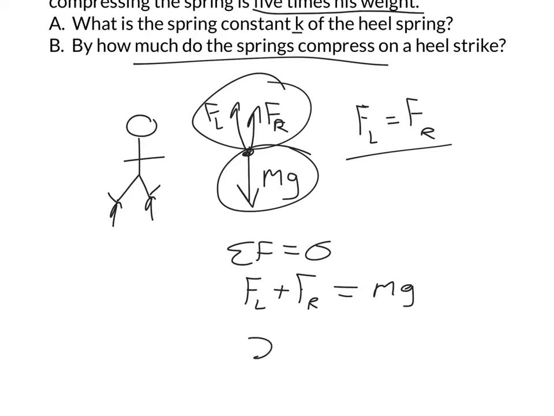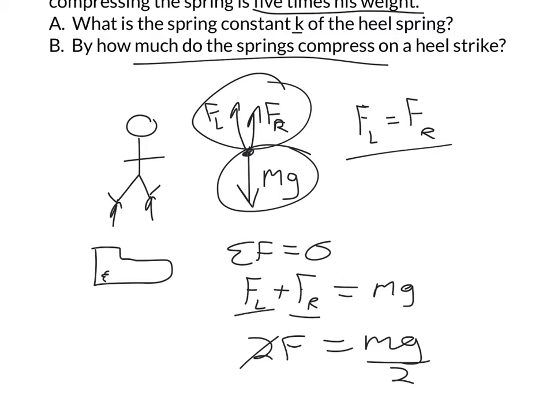So it's really twice the force of one of the legs should equal mg, or the force on each leg is mg over 2. So what that means is if we draw the shoe that he's standing on, and there's a little spring in the heel, each spring is getting one of these two forces, or is getting mg over 2. So this spring gets compressed down from equilibrium by some distance delta x using some force mg over 2.